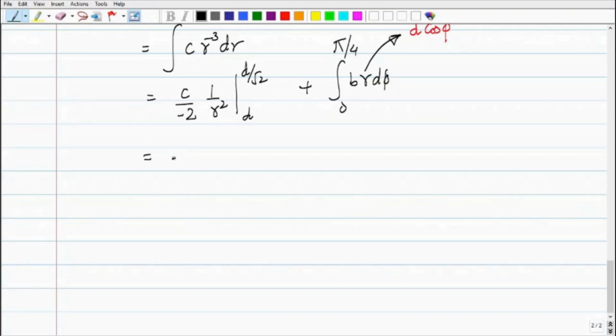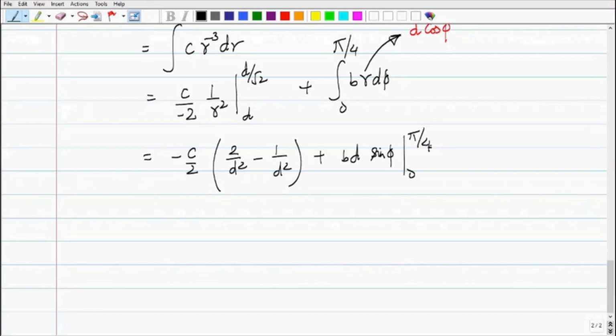So this is finally minus c by 2 into 2 over d square minus 1 over d square plus bd, and cos phi d phi becomes sin phi, and this goes from 0 to pi by 4. Which is finally minus c over 2d square plus bd sin pi by 4, which is 1 by root 2, so this is plus b d by root 2.